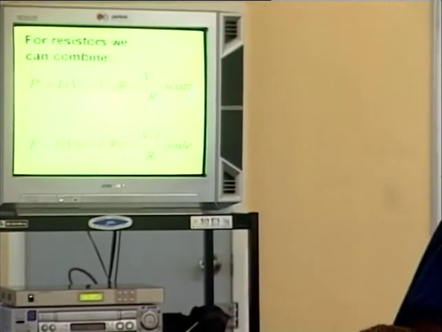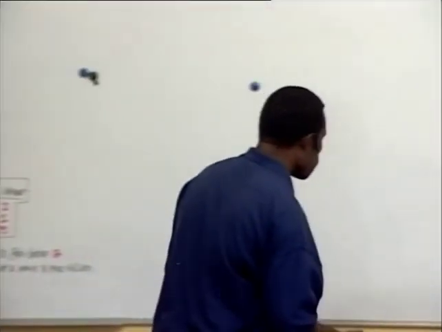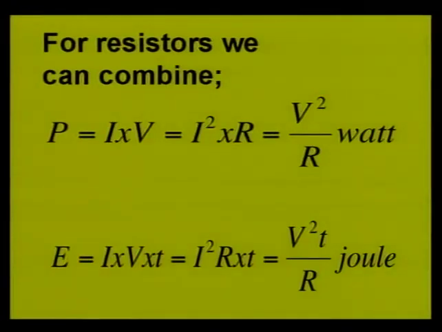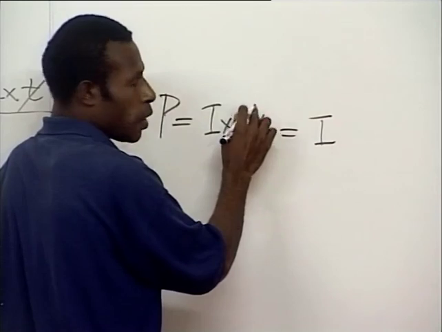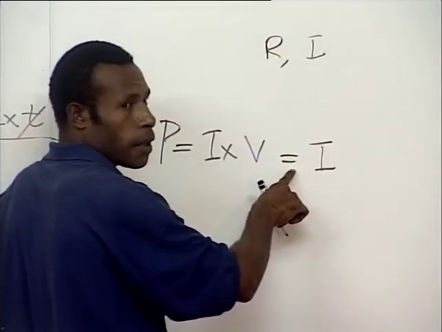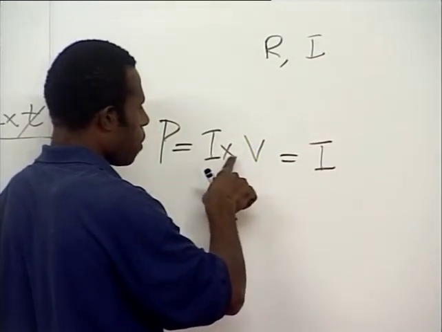How did we arrive at the formula? Simply power equals I times V. But if you decide to have the resistors as well, you can use this, if that is not given, and you were given resistor and current, then you can use this.